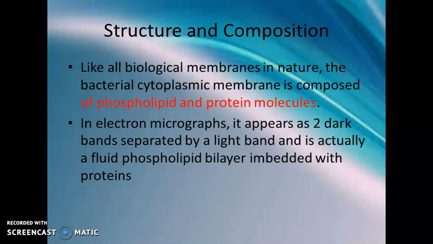In between these two dark bands is a light band, and it is actually a fluid phospholipid bilayer embedded with proteins. The cytoplasmic membrane is a fluid phospholipid bilayer which is embedded with proteins.